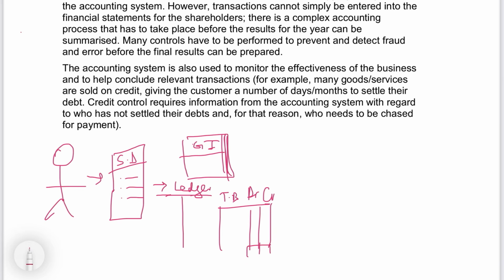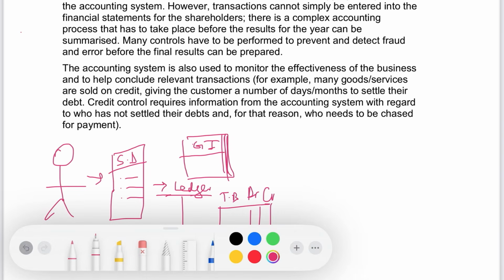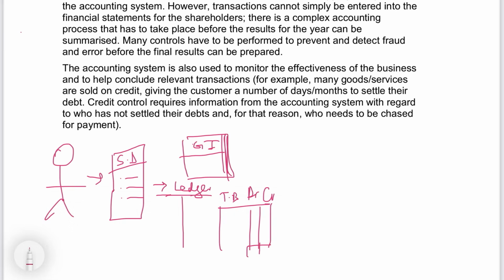Debit is equal to credit. Now, after all this process of recording, this is the process of identifying, and then recording and classifying.